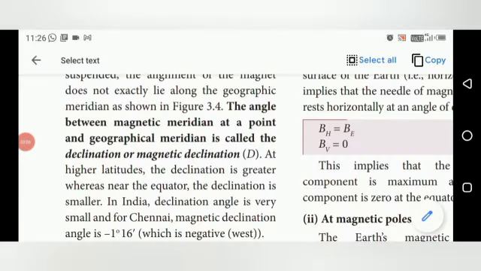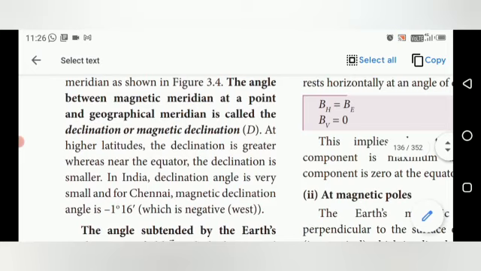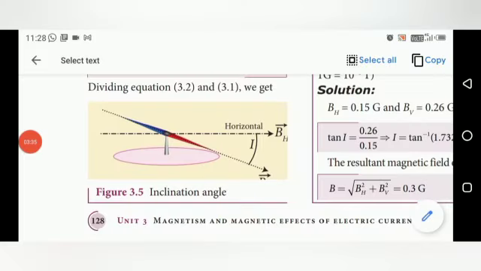The angle between the magnetic meridian at a point and the geometric meridian is called declination or magnetic declination D. This declination angle is greater at higher latitudes, whereas at the equator the declination is smaller. In India the declination angle is very small, and for Chennai the magnetic declination is 1 degree 60 minutes, which is negative, that is in the west.